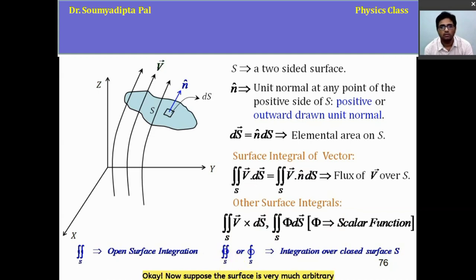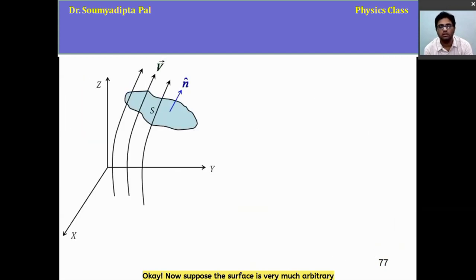Now suppose the surface is very arbitrary, or the direction of the normal on the surface varies at each point. For example, a cylindrical surface or hemispherical surface, on which the direction of the normal varies at each and every point. In that case, it becomes difficult to integrate any vector field over those surfaces.